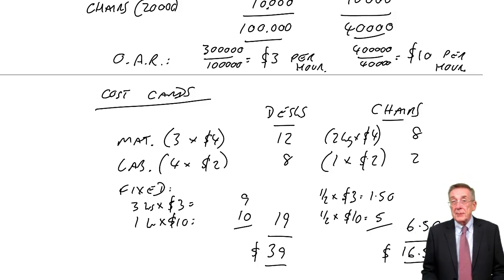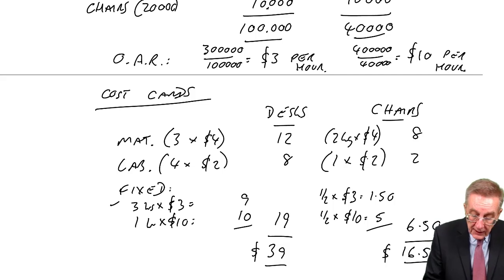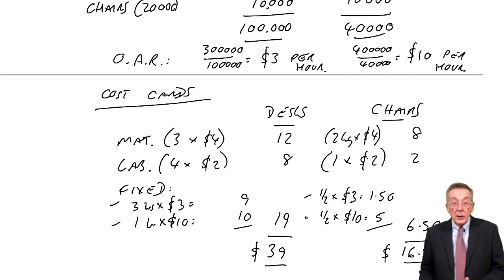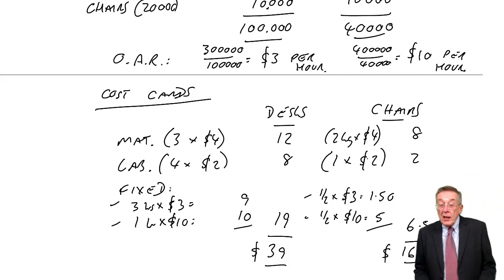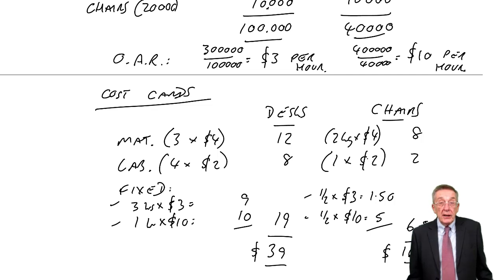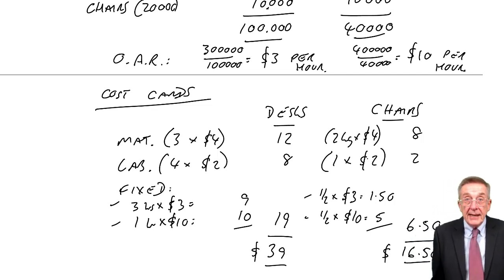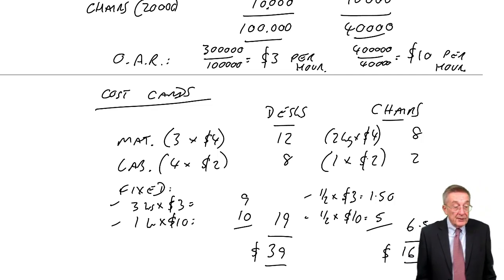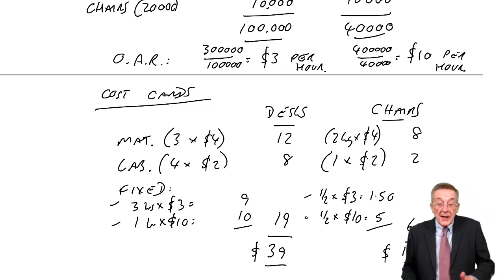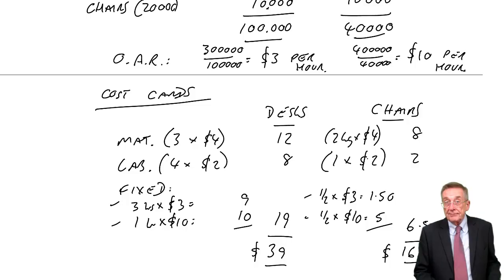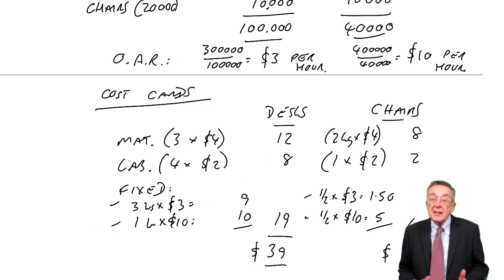When we've got this absorption rate, then we can do our cost cards and charge the overheads depending on how many hours they spend in each department. Well, over the page is a slightly longer example of the same sort of idea. If you're happy with what I've done, then have a go yourself at example 4, but regardless, I'll go through it in the next lecture, and then we'll take it a little bit further.